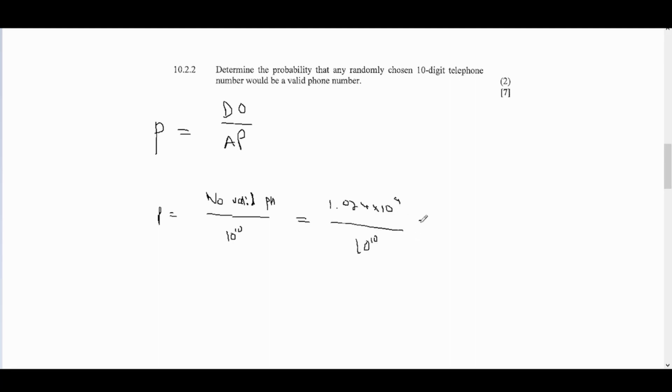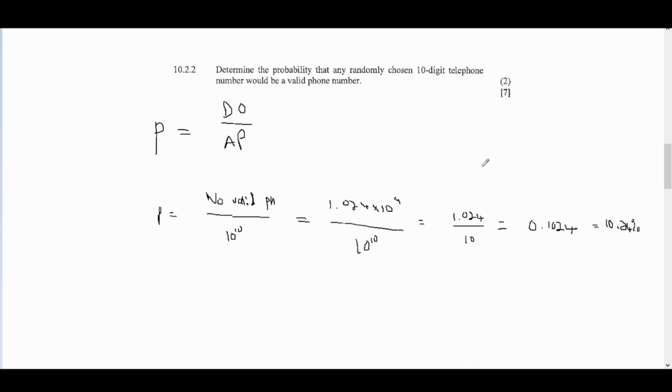This you can type in your calculator. You can simplify this a little bit. So 10 to the 9 over 10 to the 10 is just 1 divided by 10. When you divide something by 10, you just move the decimal place, so it becomes 0.1024. So the probability is 0.1024, which, if you convert this to a percentage, equals 10.24% to be exact.